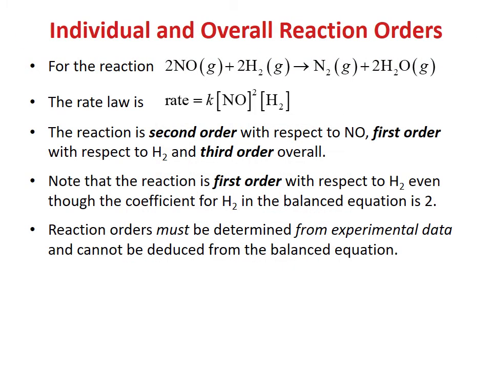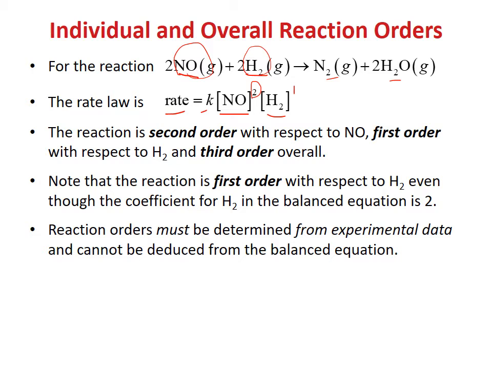Sometimes a reaction may involve several types of reactants. For example, here, nitrogen monoxide reacts with hydrogen gas to form nitrogen gas and water. So two types of reactants, and the reaction rate must be affected by both of these reactants. Experimental data shows that the rate law is: reaction rate is a constant K times the concentration of NO raised to the second power and the hydrogen gas raised to the first power.